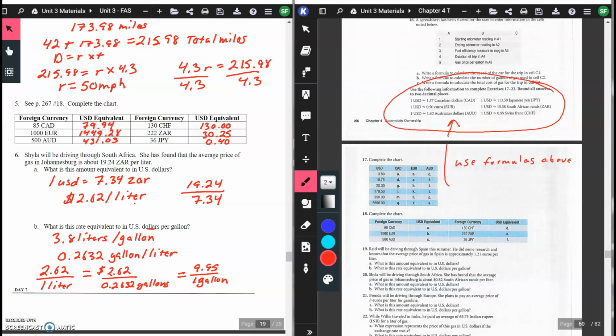So 1 US dollar actually equals 15.38. Okay, so let me fix that. 15.38. All right, you're going to take your 19.24 rands and divide it by 15.38.